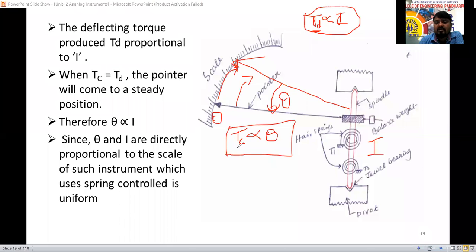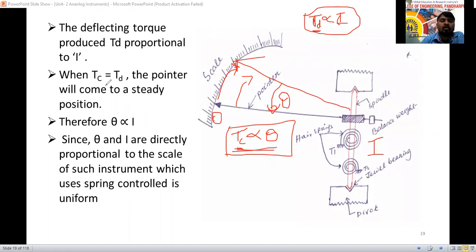That is possible because of the controlling torque. That torque we call TC, directly proportional to theta. The deflection magnitude is the same, the controlling magnitude is also the same, but the operation is different. The deflecting torque is because of current, and the controlling torque is because of this spring.